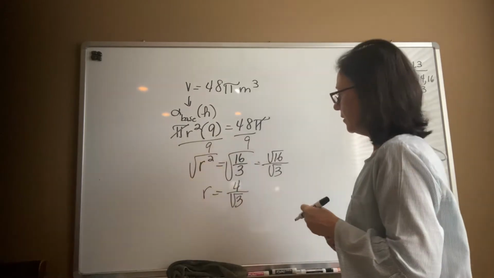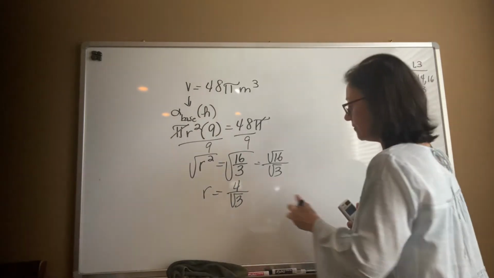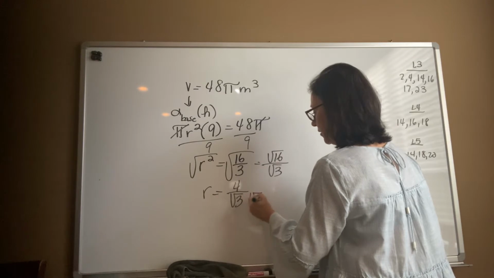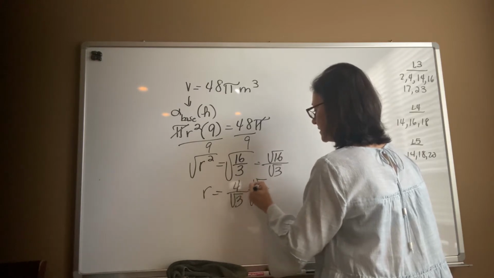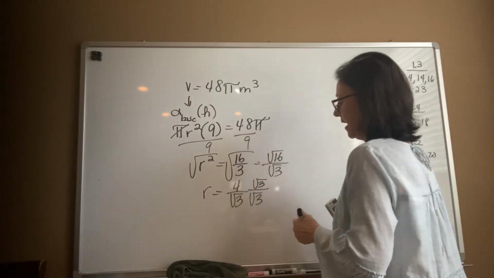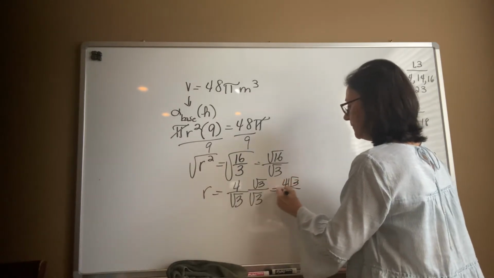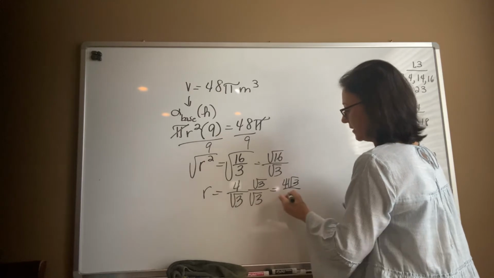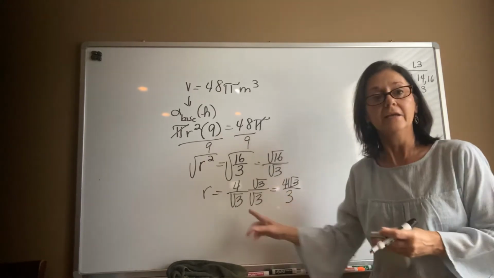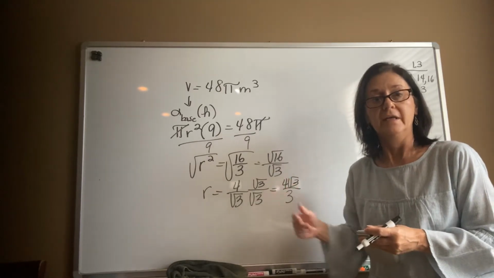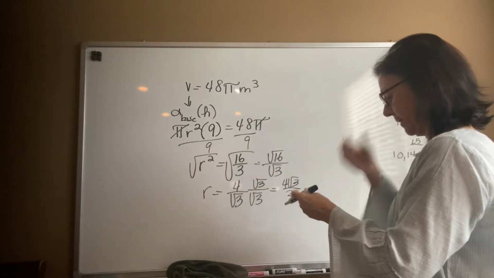In algebra, we would not leave that as a radical in the denominator. We would rationalize it by multiplying by the square root of 3 over the square root of 3. So it's 4 square root of 3 over 3, since the square root of 3 times the square root of 3 is 3. Any square root times itself is the value under the radical.